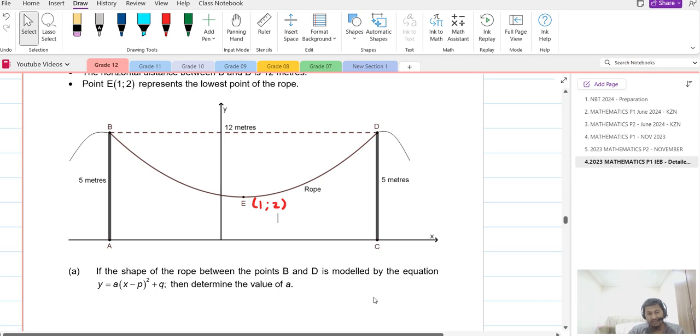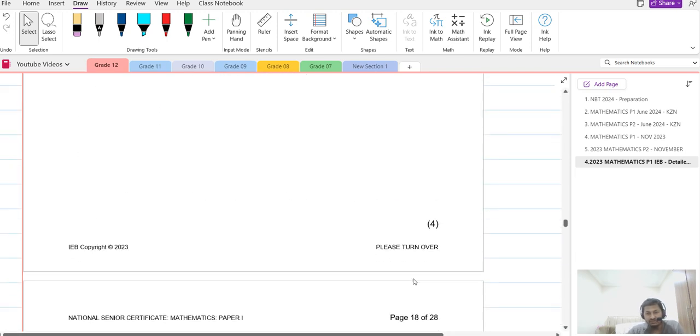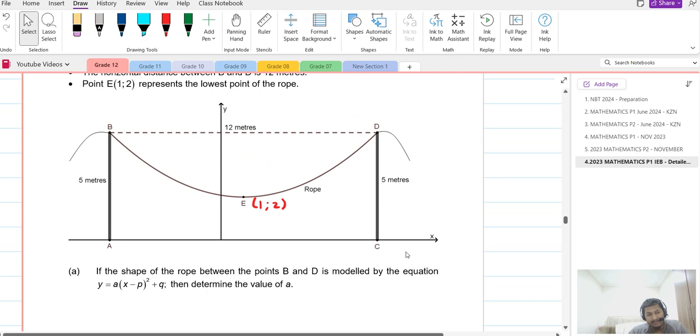To find the value of a, how are we going to find it? That's 4 marks. We can write this as an equation, which is a into (x minus p) all squared plus q, and we need a point that we can substitute this into.